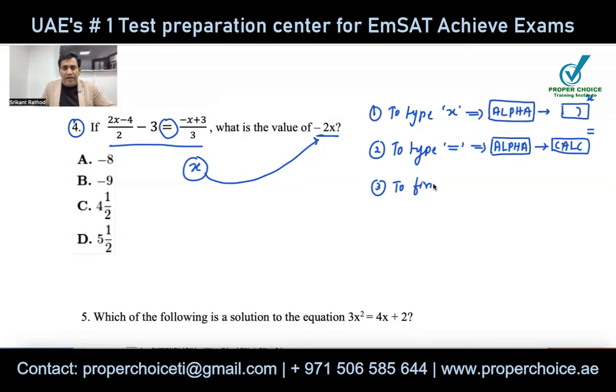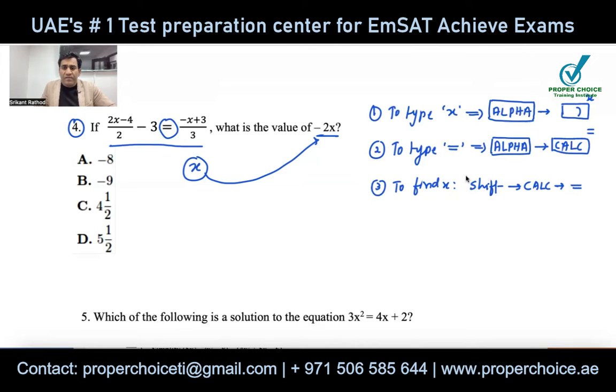Basically, to find x, there are three magical steps I follow, basically three magic buttons, and with that we will be getting it. To find x, I should first press the button shift, then press the button calc, then press the button equal on your calculator, not alpha: shift, calc, equal.